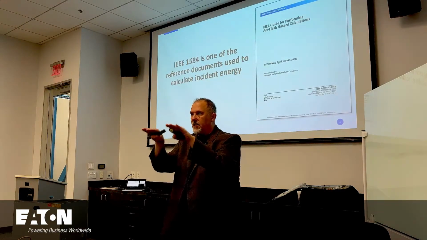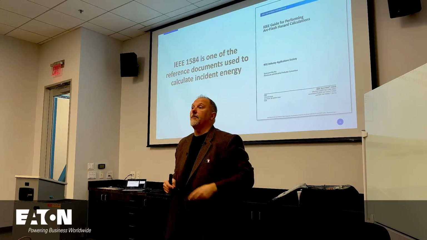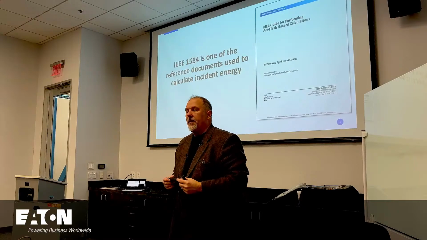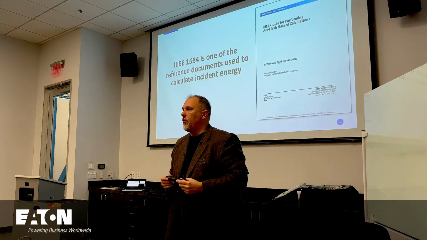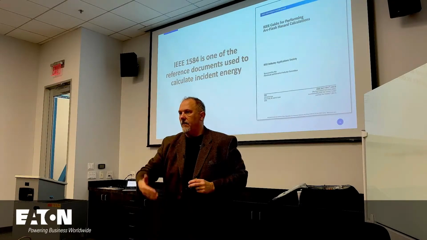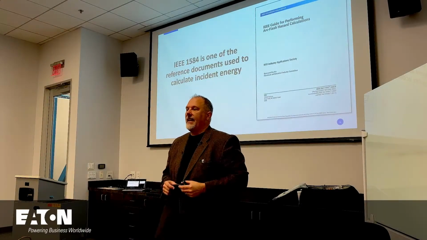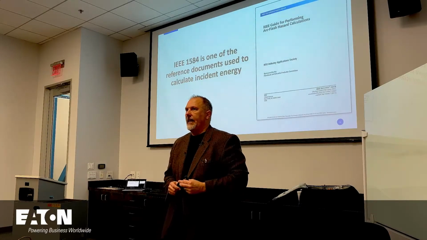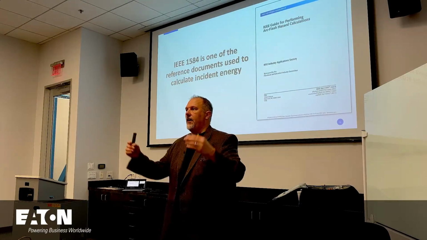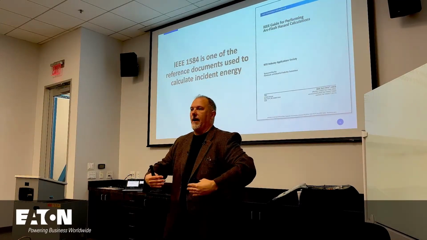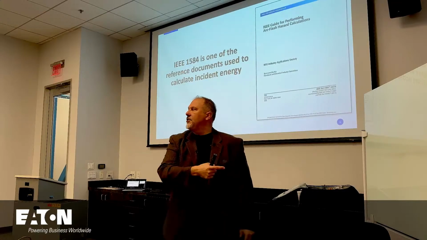And what that means is that you're staring at the end of the bus. And how I relate that is, remember, the arc flows away from the source. So if you're in a VCB vertical, you're like standing in New York City, in a subway, standing on the edge of the train track, watching the train come past you.